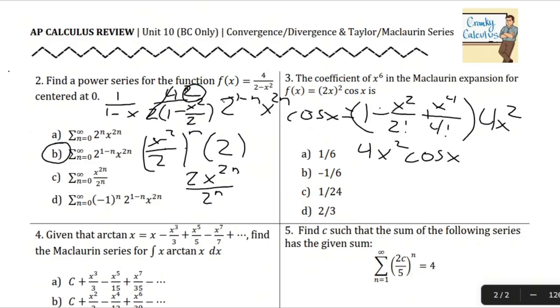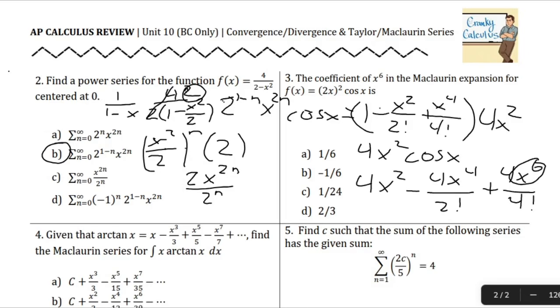So then that becomes 4x squared minus 4x to the 4 over 2 factorial plus 4x to the 6th over 4 factorial. And remember, we need the x to the 6th term, so that's right here. So then we need to find the value of 4 over 4 factorial, which is just going to be 1 over 6 being our answer.